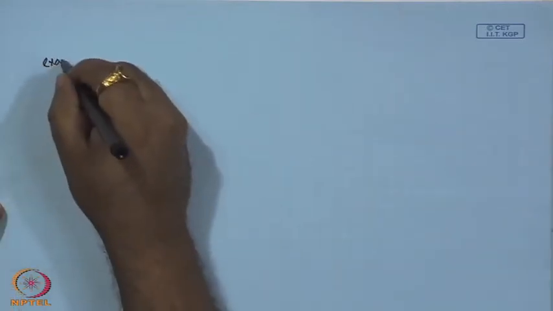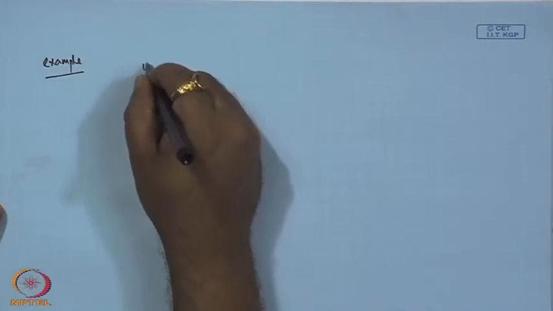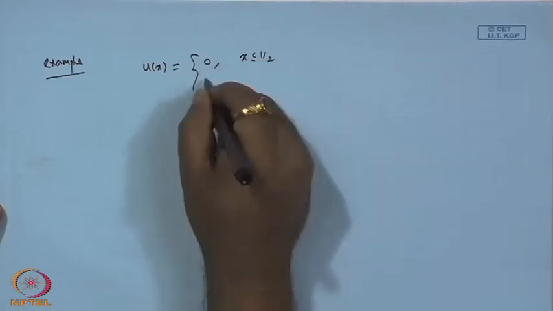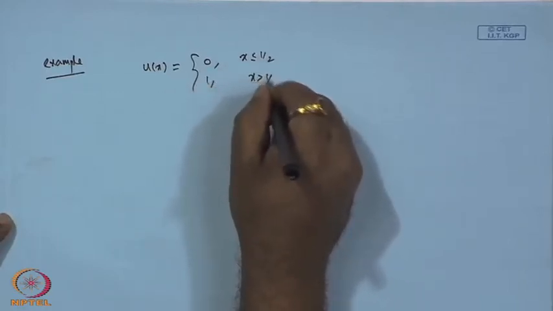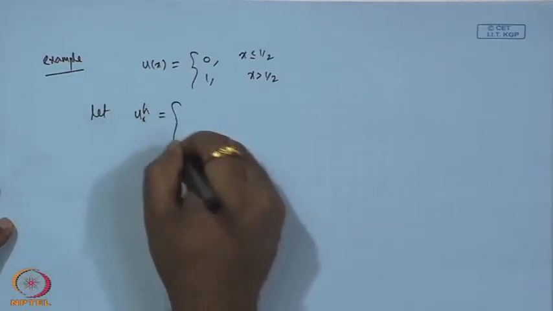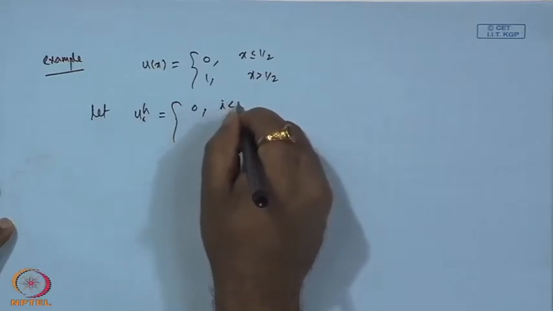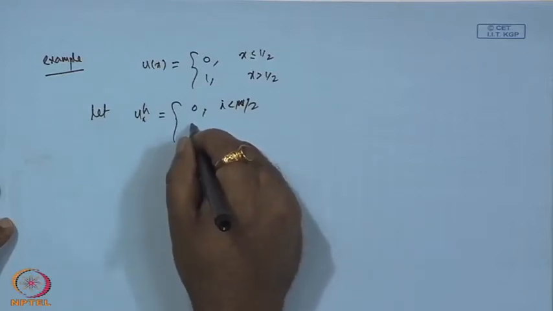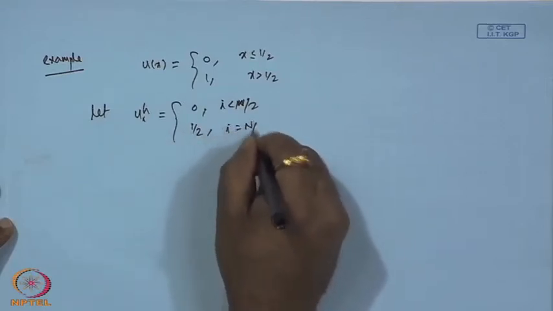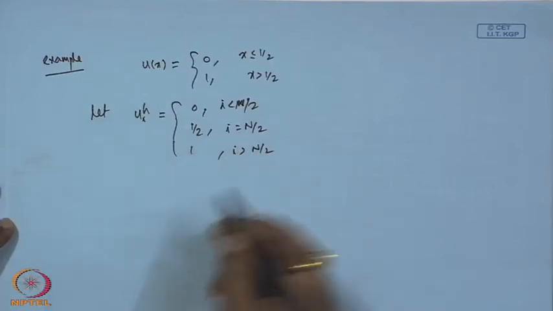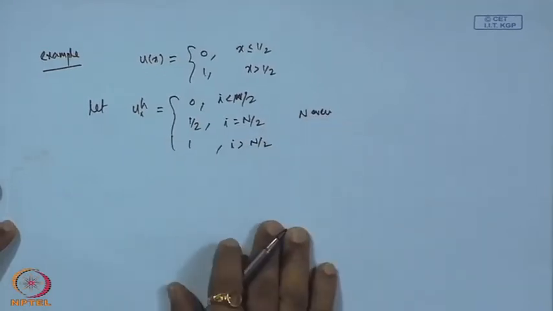So, this can be displayed by an example. So, consider, and let the approximated be, okay, say n even.